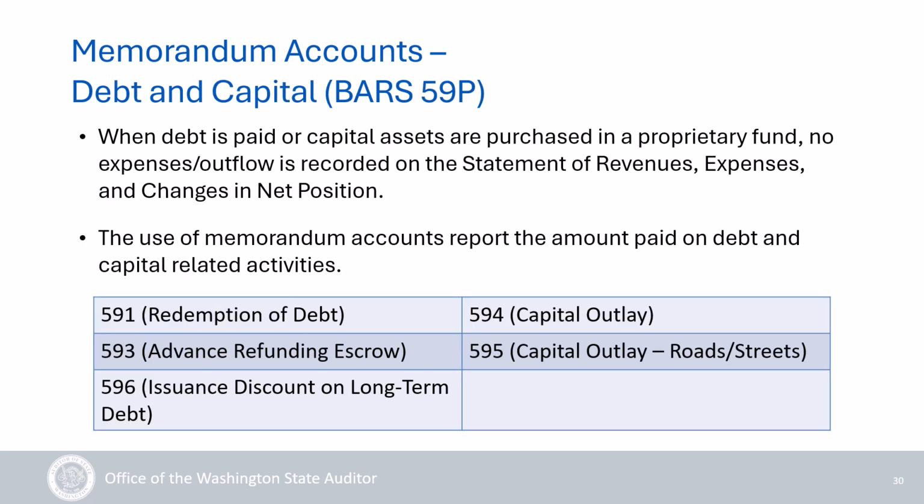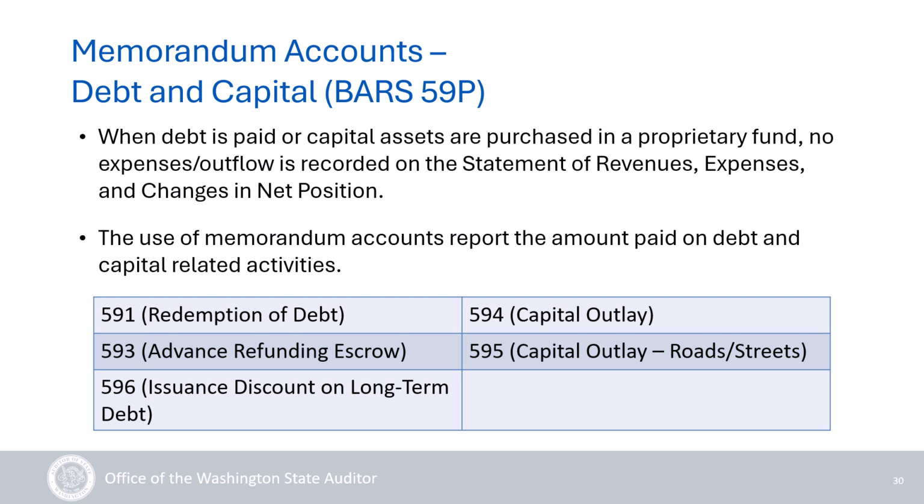And just like when debt is issued, when debt is paid or capital assets are purchased in a GAAP proprietary fund, no expense or outflow is recorded on the statement of revenues, expenses, and changes in net position. The use of these memorandum accounts reports the amount paid on debt and capital related payments and are collected for informational purposes only to allow us to meet that statutory requirement for producing comparative statistics.